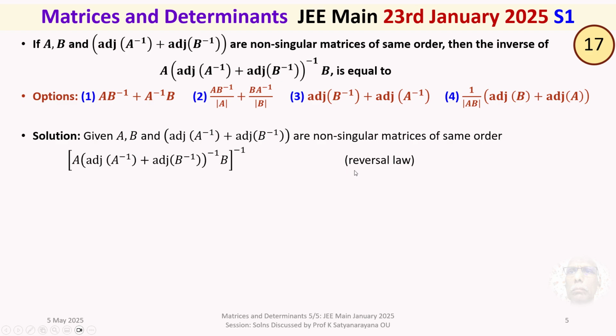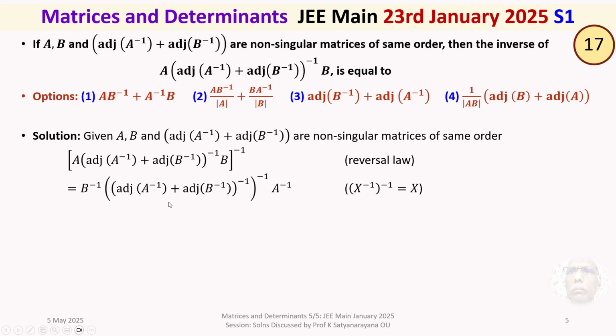Right. We now use the reversal law. What is the reversal law? The inverse of x, y, z is equal to z inverse multiplied by y inverse multiplied by x inverse in the reverse order. This is equal to B inverse, and the inverse of adjoint of A inverse plus adjoint of B inverse, and its inverse, into A inverse.